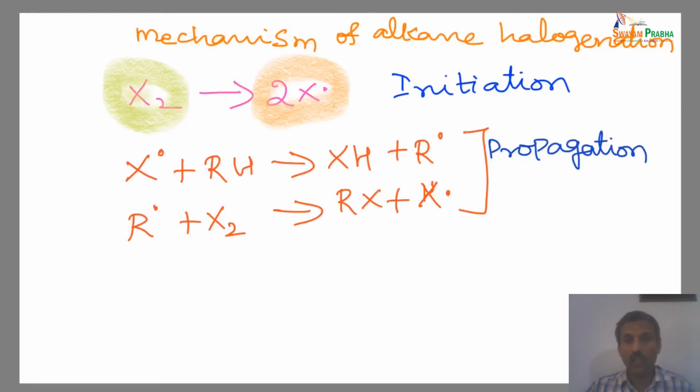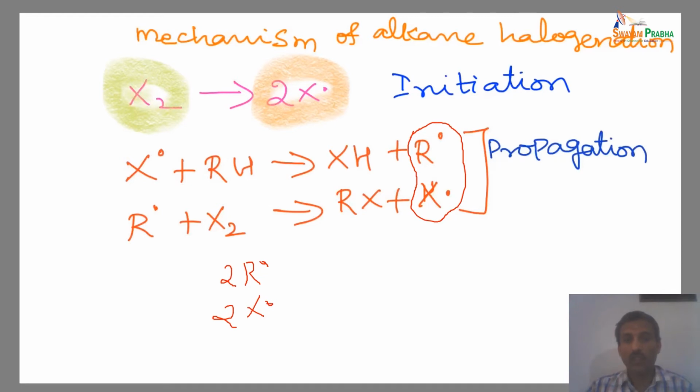The other termination steps include R dot and X dot combining together, which we already know. Other than that, R dot and another R dot can combine together in the termination step, or two molecules of X dot can also combine.